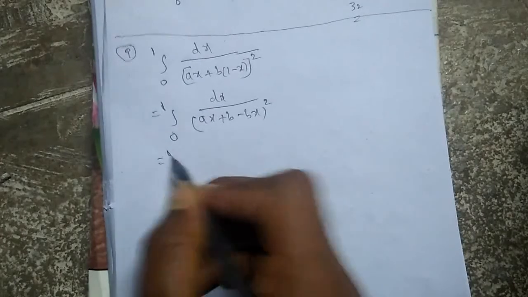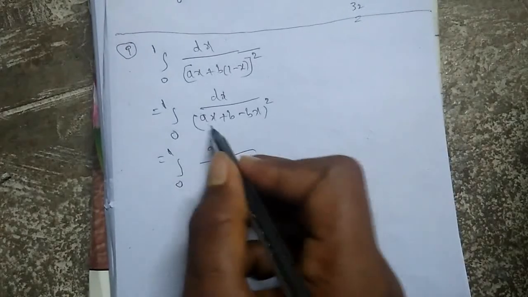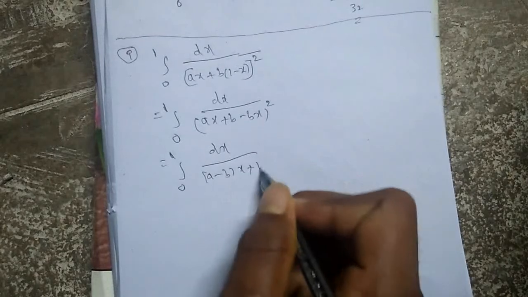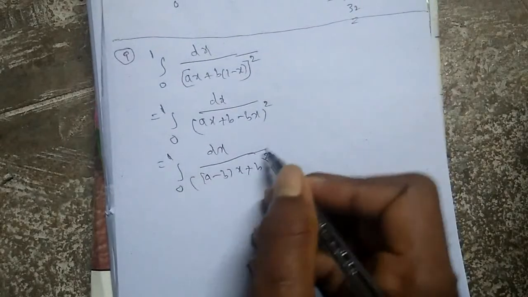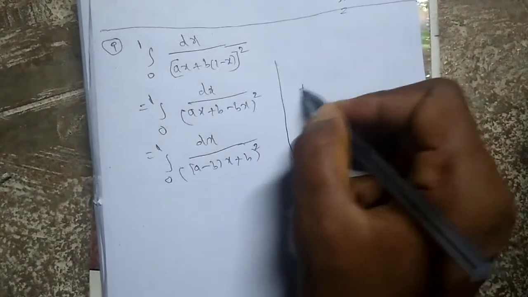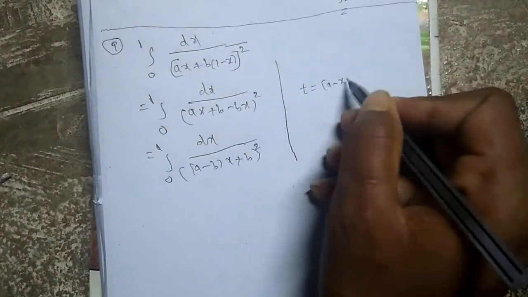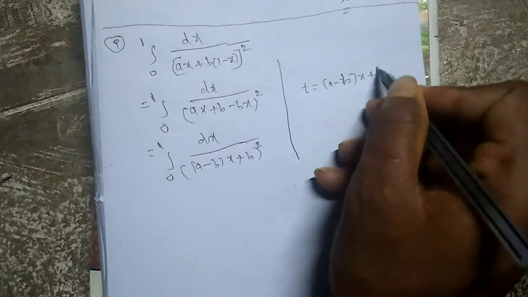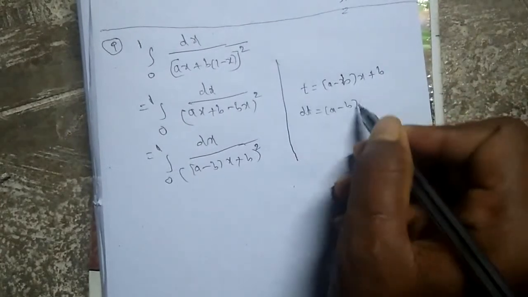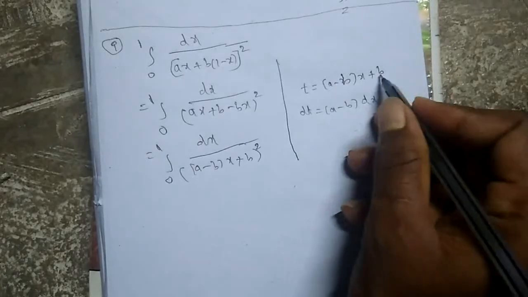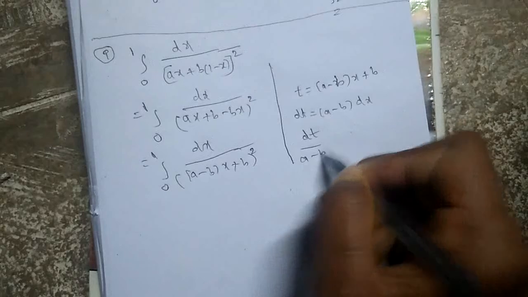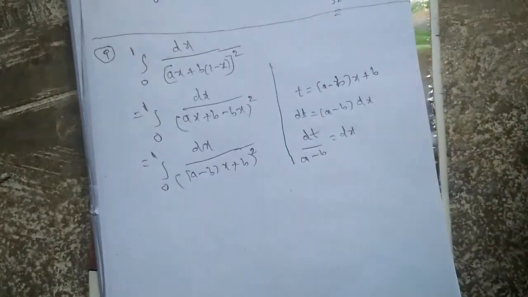This is 0 to 1 dx by, taking x common, (a minus b into x plus b) whole square. Here let us take t is equal to a minus b into x plus b. Dt is equal to a minus b into dx, as the derivative of b is 0. Dt by a minus b is equal to dx.